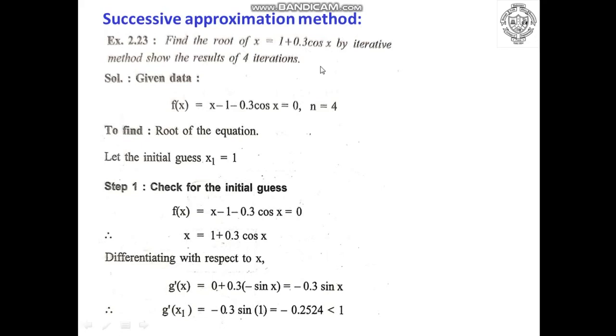That means the splitting is already given, which is nothing but the original equation. If I take this x to the right hand side, or if you take these two terms to the left hand side, you will get this particular equation, f(x) = x - 1 - 0.3 cos x = 0, and we have to perform 4 iterations.